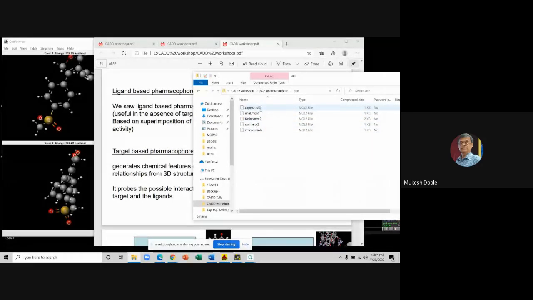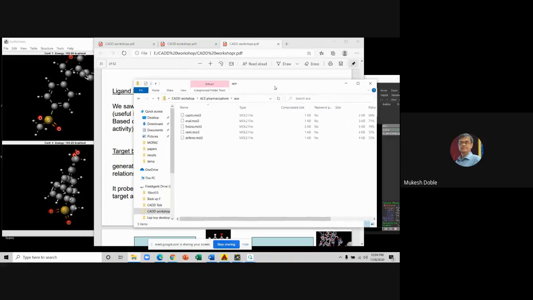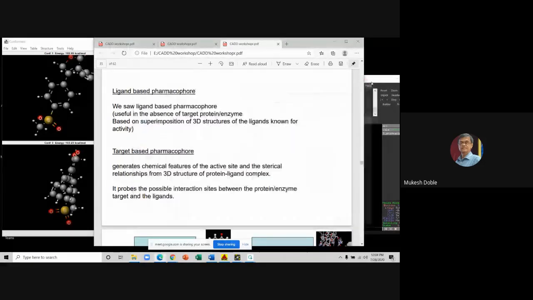They are called captopril, enalapril, fosinopril, ramipril, zofenopril. So all these are angiotensin converting enzyme inhibitors. Okay, so we can see the common features of that also in the same way. So I have put them as a mol2 file.